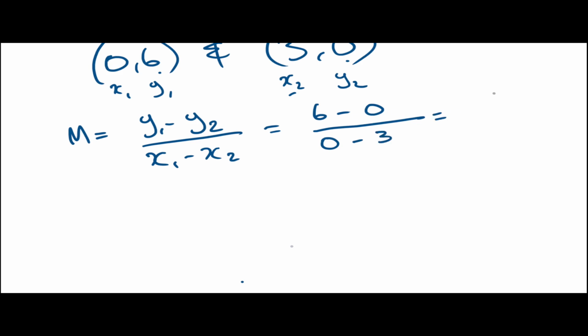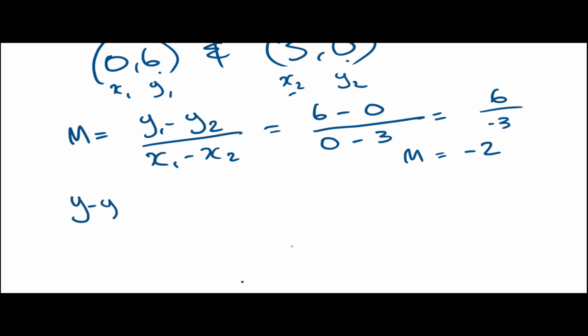So 6 minus 0 is 6, 0 minus 3 is minus 3. Positive number divided by a negative number is a negative number, so we know that the gradient of this line is -2.